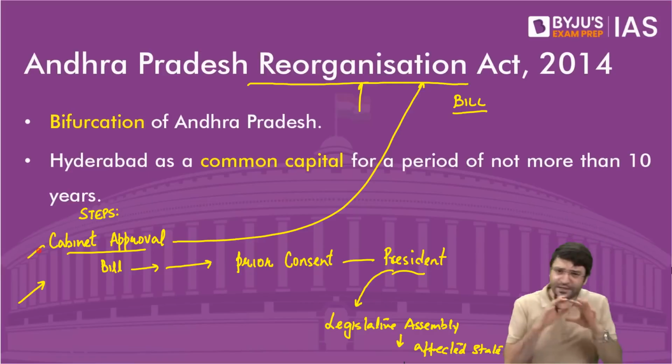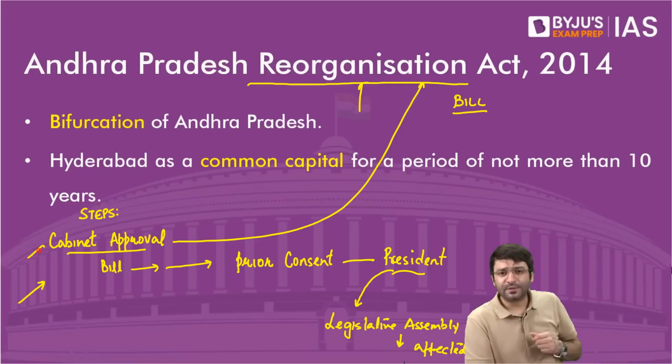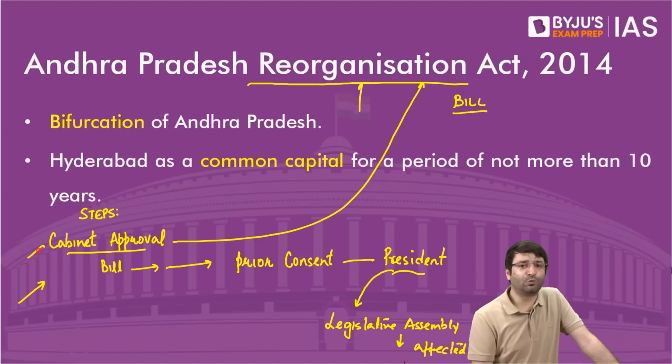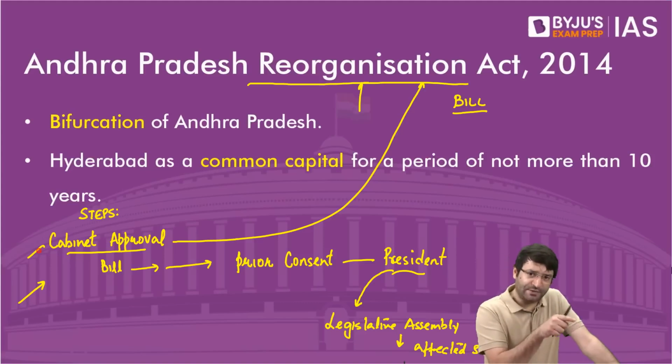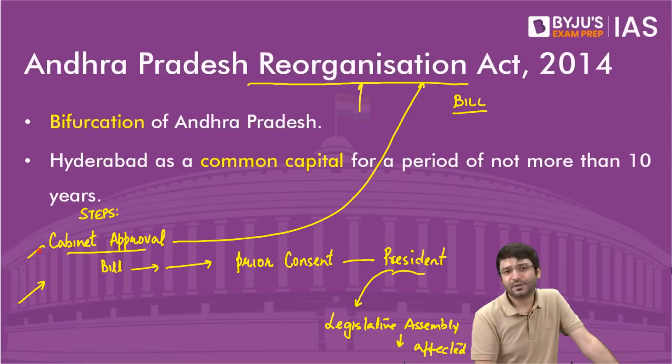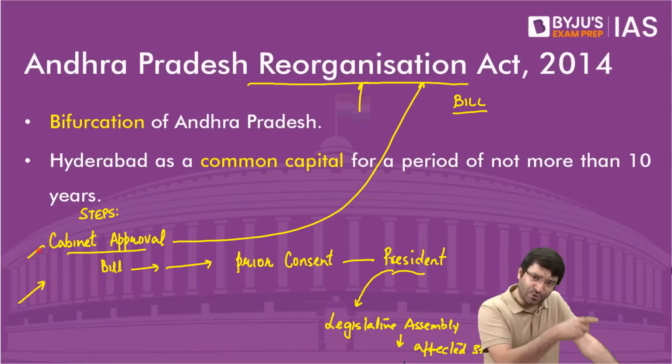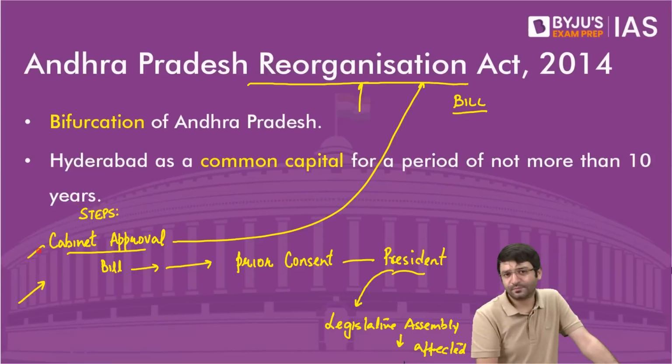So when Cabinet gives its approval to this bill, and this bill is to be presented to the Parliament, Cabinet would know that this bill first we have to send to the President. Why? Because this is a bill under Article 3. Why? Because the consultative process is mentioned in the Constitution.